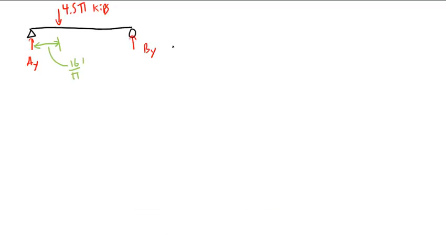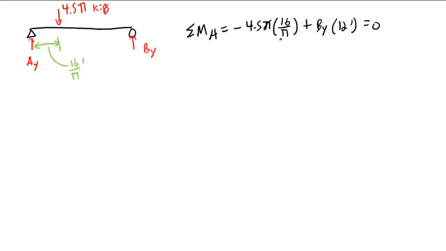So now it's just a simple balance of moments, etc. Sum of moments about A, I'm going to have negative 4.5 pi times 16 over pi plus BY times the 12 feet equals 0. Pi goes away.